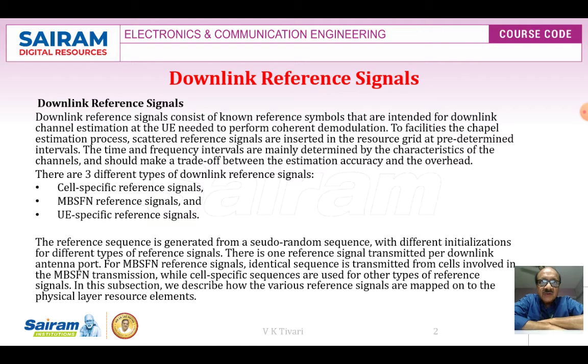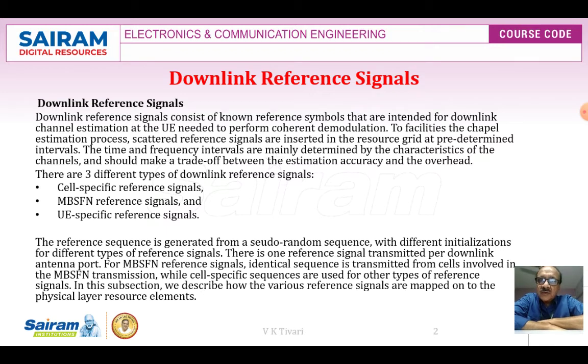There is one reference signal transmitted per downlink antenna port. For MBSFN reference signals, an identical sequence is transmitted from the cells involved in MBSFN transmission, while cell-specific sequences are used for the other types of reference signals.